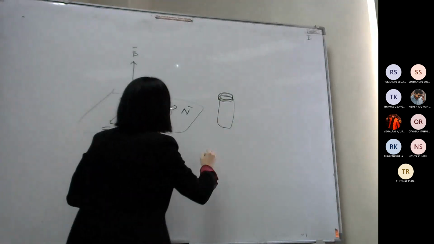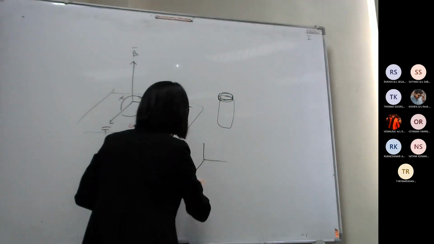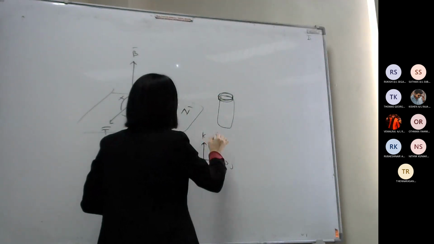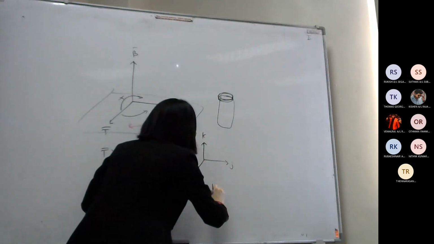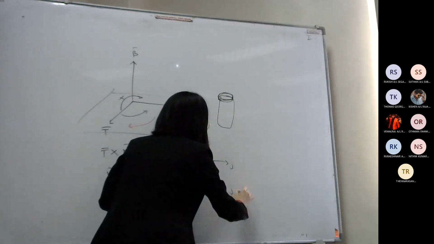Okay, so let's say I have i, j, k now. I want to test whether you understand the direction or not. What is k cross j?